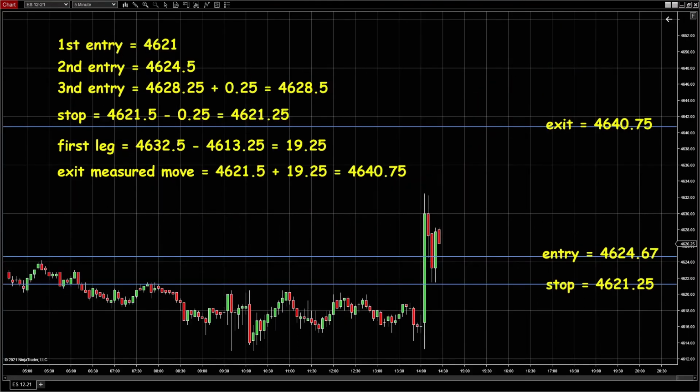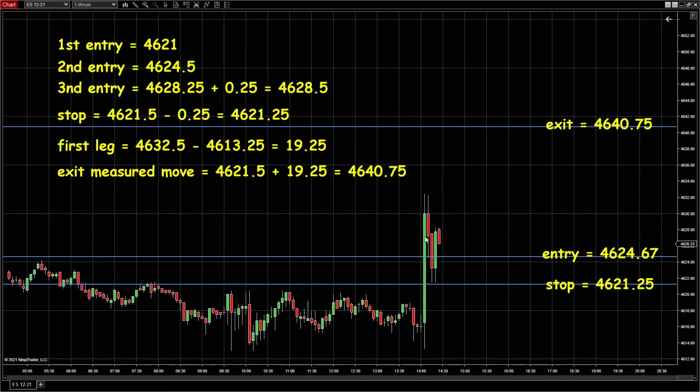So let's have a look at number 3 and number 4 here. Let's first do a measured move. You can see that the first leg is just this bull bar, because right after that it pulls back. The bull bar is 4632.5 minus 4613.25. So the bar is in total 19.25 points. This is the first leg.